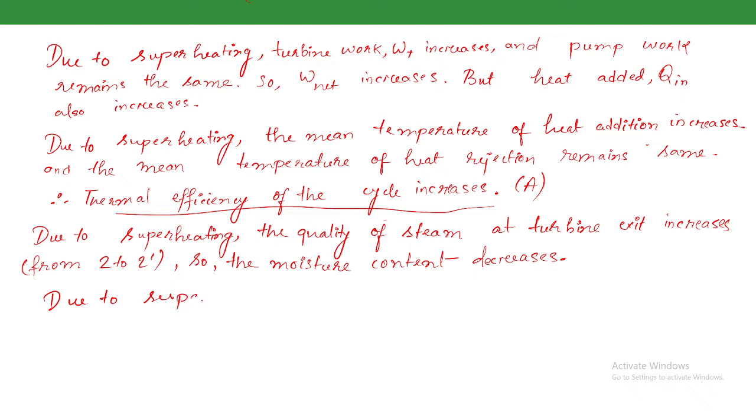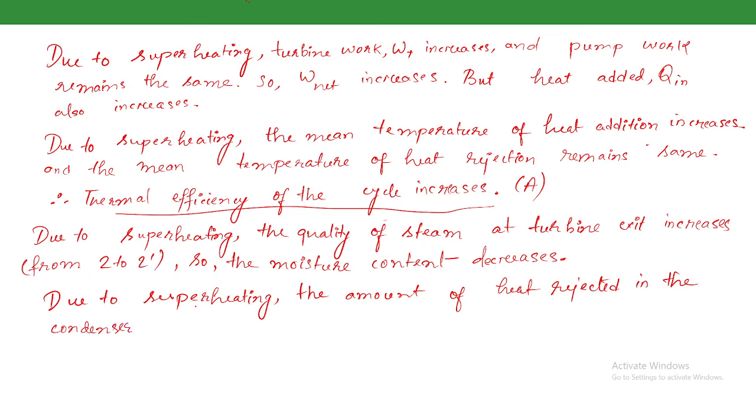Due to superheating, the amount of heat rejected in the condenser increases from 2 to 3 to 2 dash to 3.